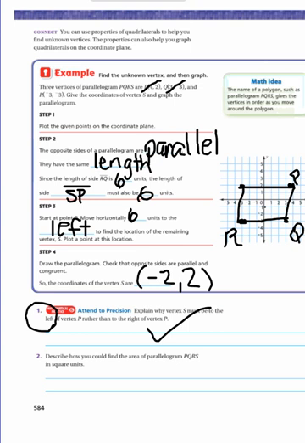Number 2, describe how you could find the area of parallelogram PQRS in square units. Number 2.